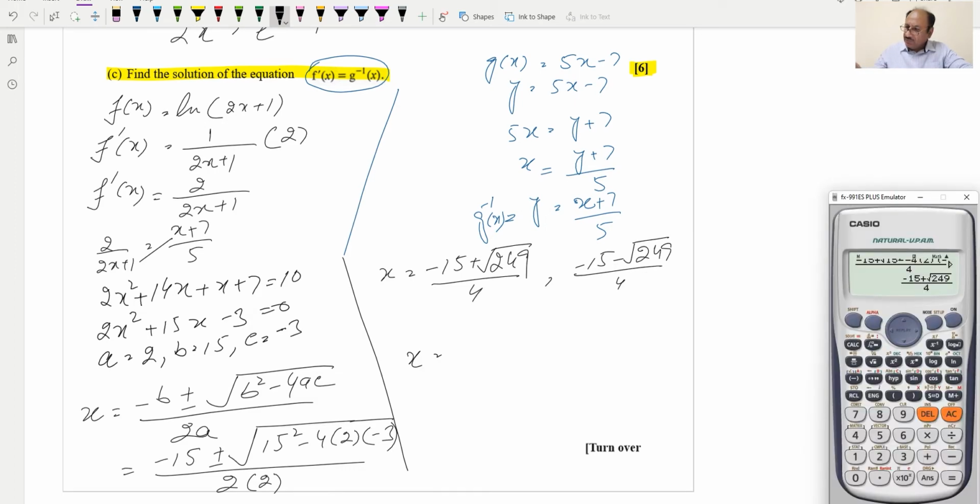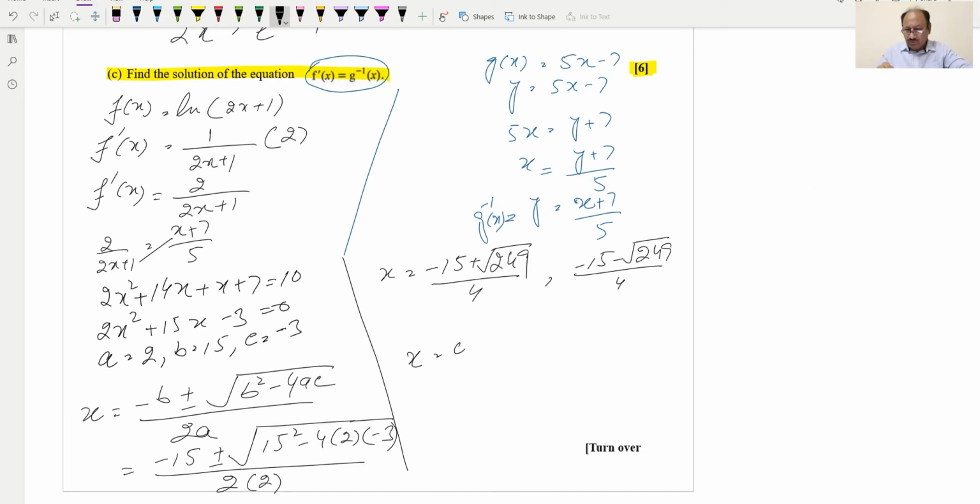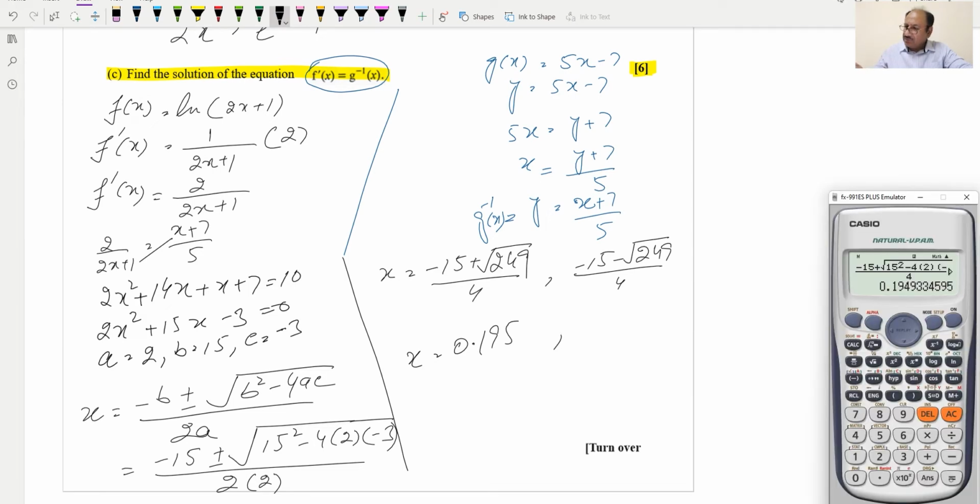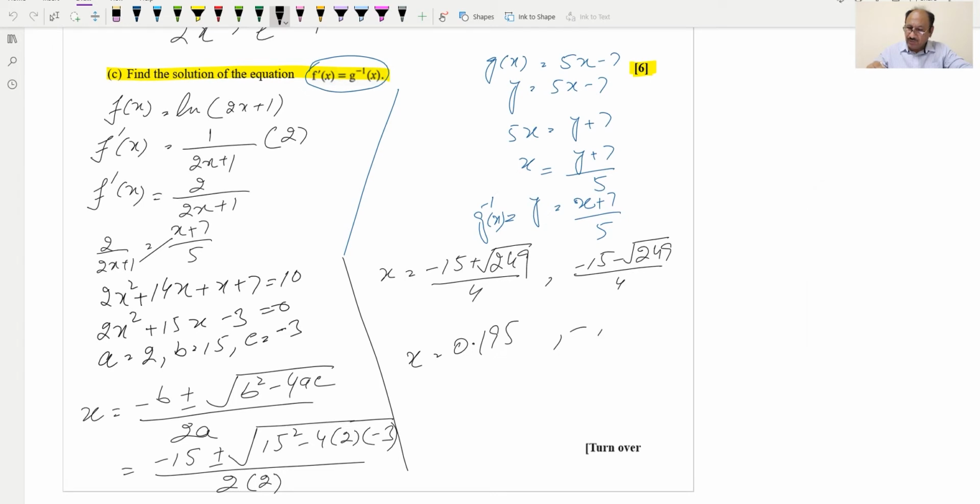X is equal to, we can write the decimal value, 0.195, or the second value, this one with the minus sign, will be minus 7.695.